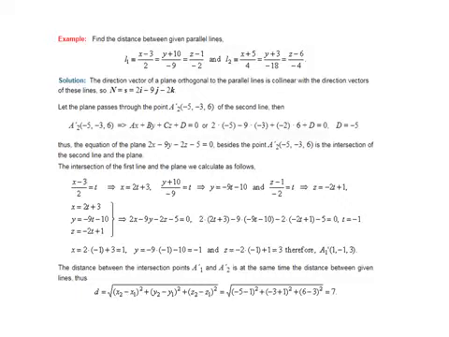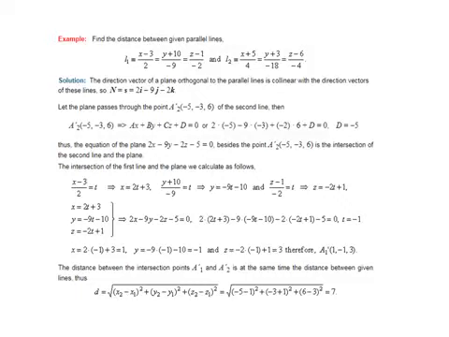We have another example in which we have to find out the distance between the given parallel lines, and the lines are in the form L1: x minus 3 by 2 equals y plus 10 over minus 9 equals z minus 1 over minus 2, and L2 is defined by x plus 5 over 4 equals y plus 3 divided by minus 18 equals z minus 6 divided by minus 4.